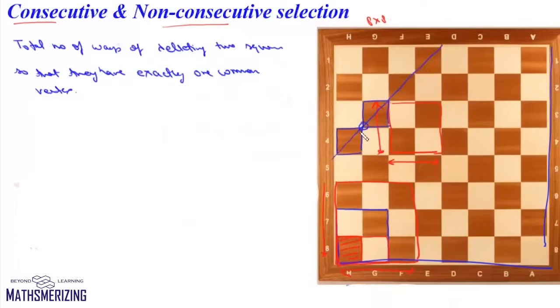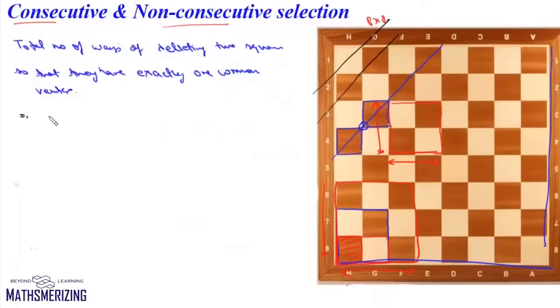So the problem in this question is we need to find number of consecutive selections on a diagonal of a square. We'll start with these diagonals. So for this one, there cannot be any diagonal. Now what about this? We have 2 squares on this diagonal, and we need to select 2 consecutive squares.